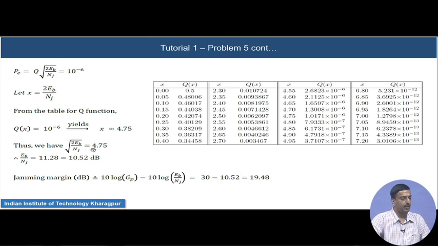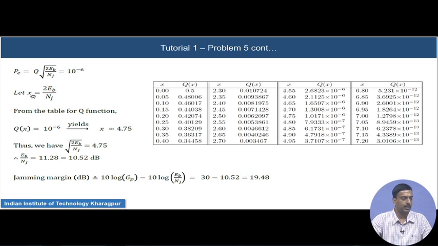So we basically find out from this what is EB by Nj, which is equal to 11.28, and in turn in dB terms it is 10.52, and the jamming margin is nothing but, by definition, in dB terms, the difference between the processing gain in dB and the ratio of EB by N0 or Nj, as the case is, in dB, and we now subtract the two quantities in order to get the final result. Please pardon me for this error.